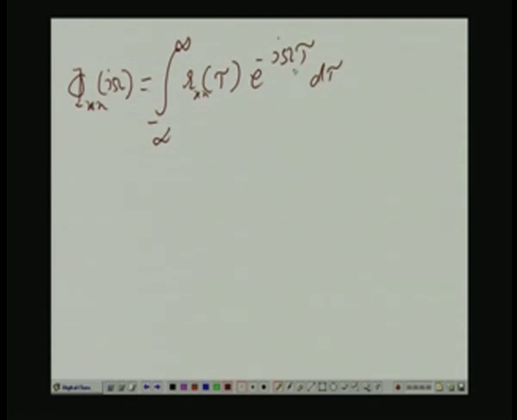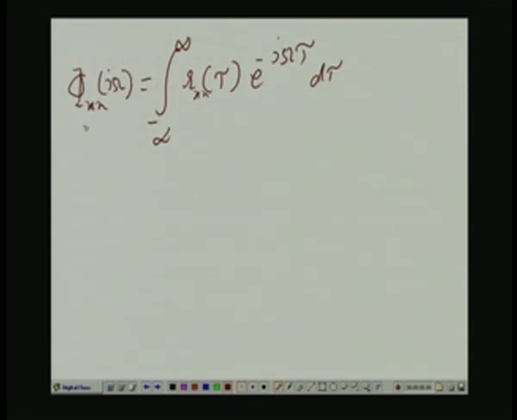Capital omega is the usual analog frequency in radians per second, and this is the Fourier transform. The sufficient condition for its existence is that r x x tau must be absolutely summable, that is, the integral of mod r x x tau should be finite. We are assuming that to be the case, so this integral exists. This quantity is called the power spectral density or power spectrum of the random process x t.